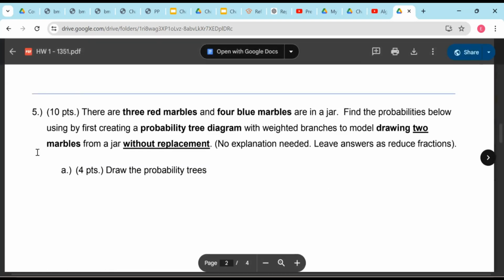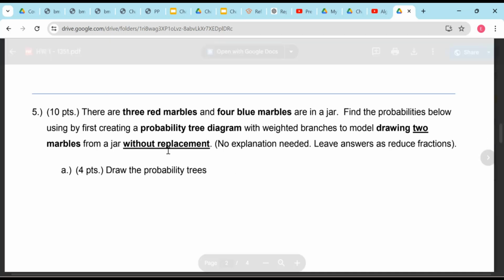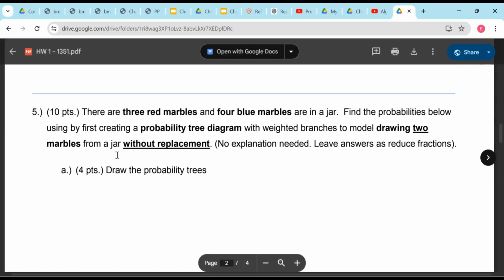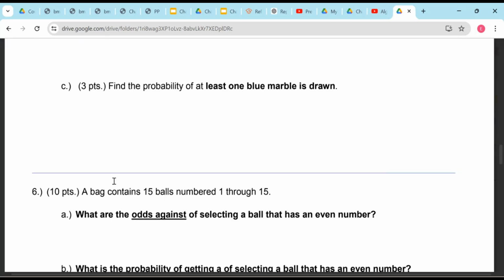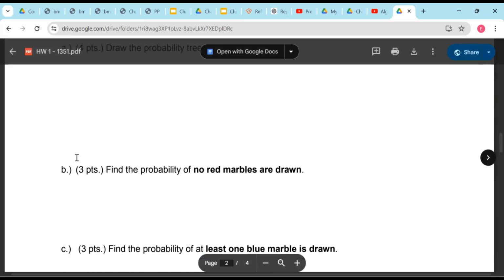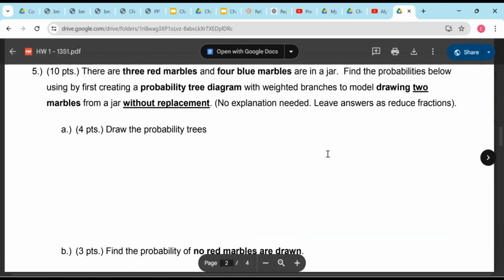Okay. And then again, I kind of went over this last class, but with replacement, without replacement. So you need to make sure that you go over this specifically, and you have activities in the workbook with replacement and without replacement, because it does give a tree diagram that is different, and you have one of those on the test as well. And then when they ask you for a specific probability, you need to follow the tree.